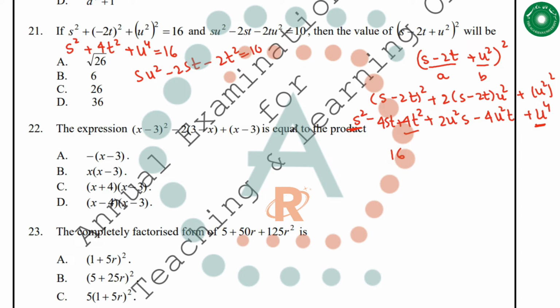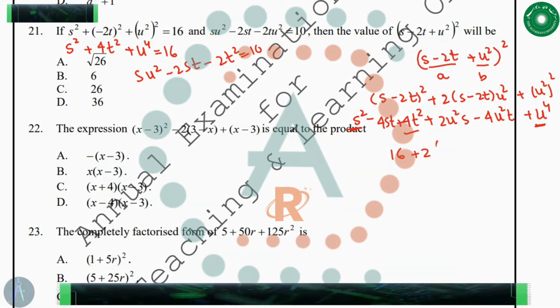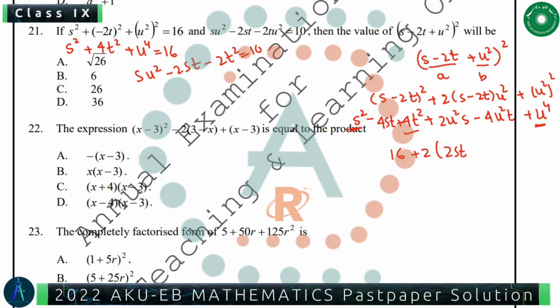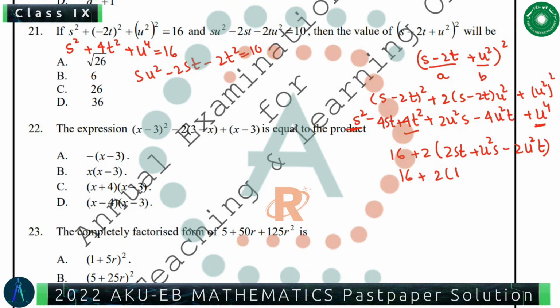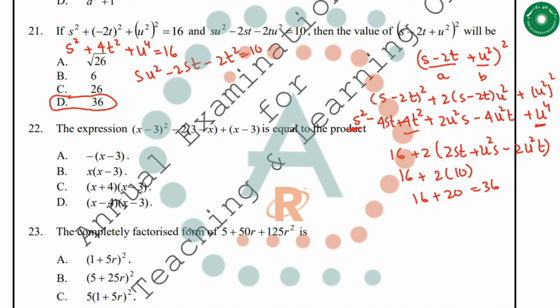So from these three we take plus 2 common. We will get 2(st plus u square s minus 2u square t). Its value is given to us, that is equal to 10. So 16 plus 2 into 10, this will become 16 plus 20 equals 36. So the answer for this question is option D.